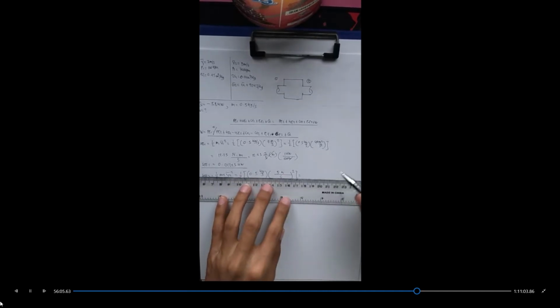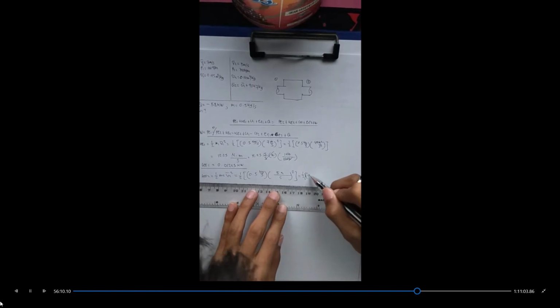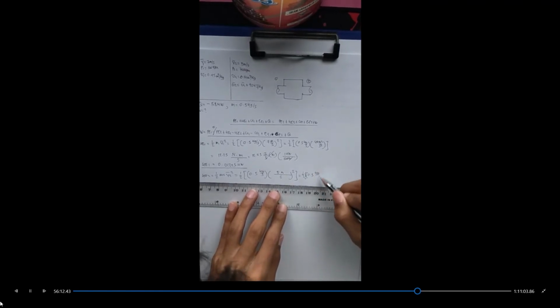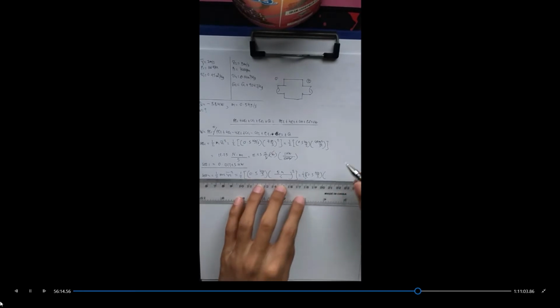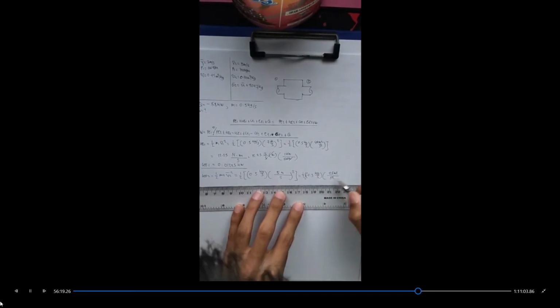Therefore simplifying that one, so 1 half times 0.5 kilograms per second, then 5 times 5, that will be 25, so 25 meters squared per second squared.